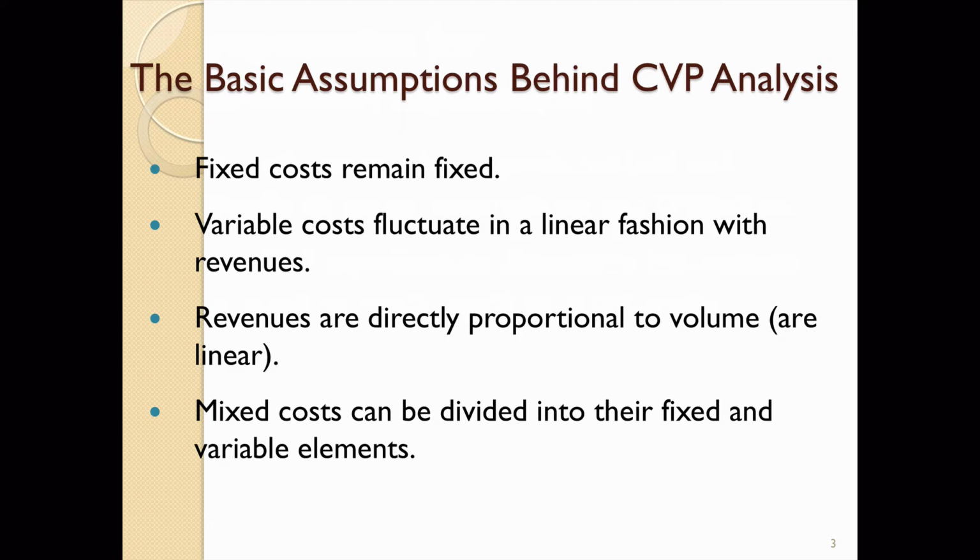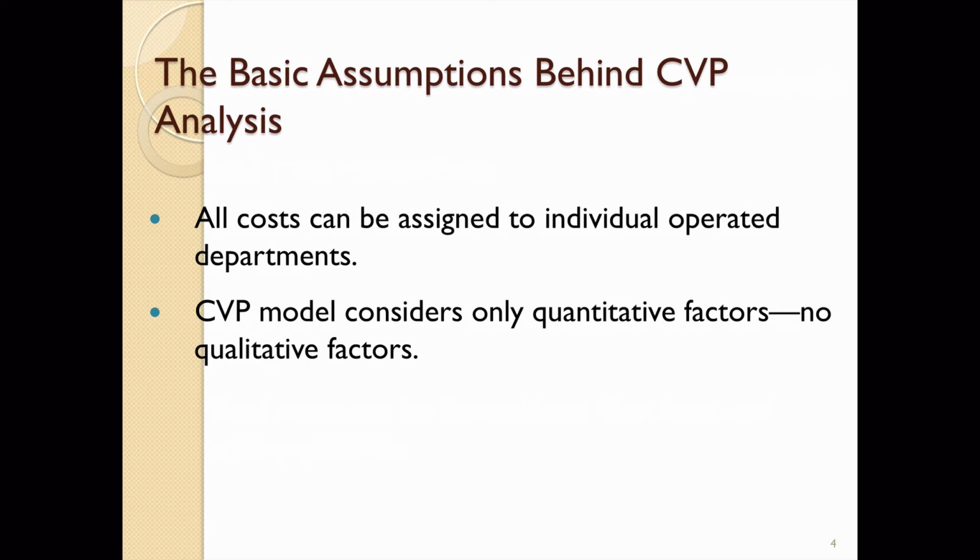And then mixed costs can be divided into their fixed and variable elements, as we did in the last chapter. And then the last two are that all costs can be assigned to individual operating departments, and we're actually not going to look at multiple departments in this lecture, and that the CVP model considers only quantitative factors and not qualitative factors.